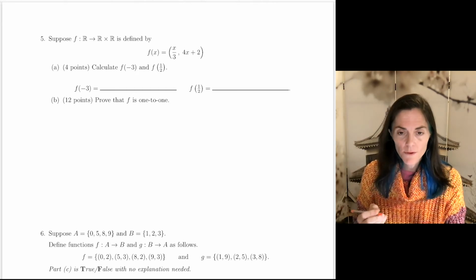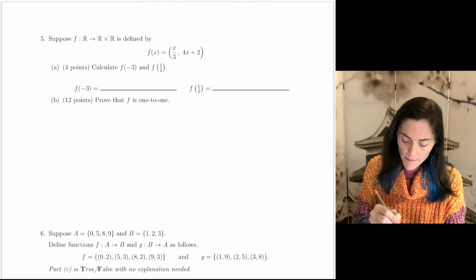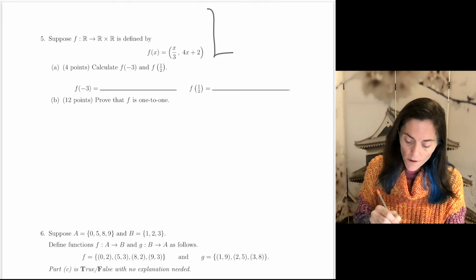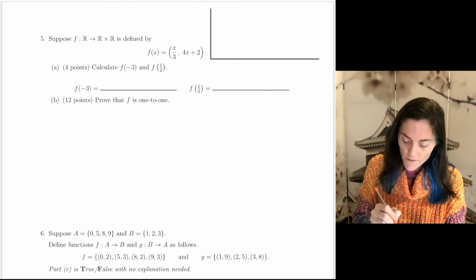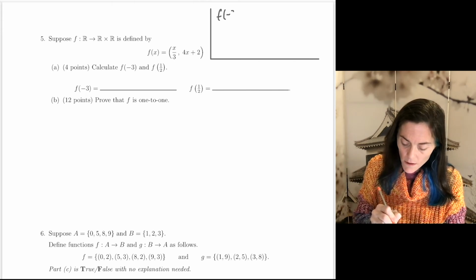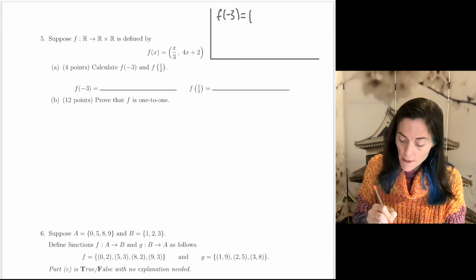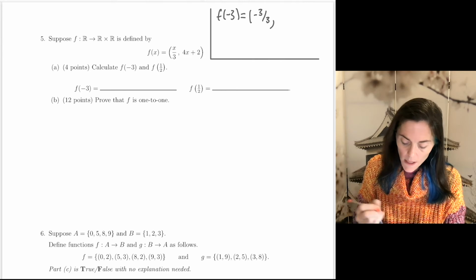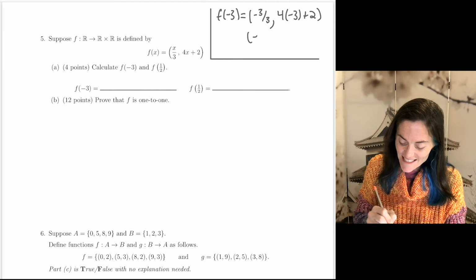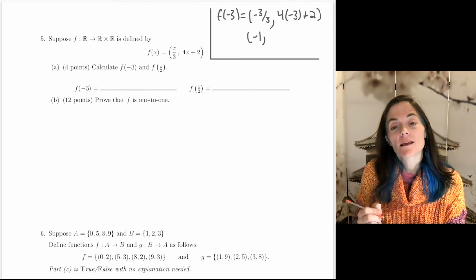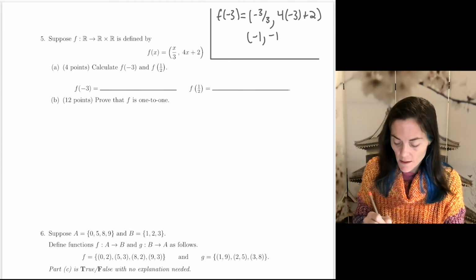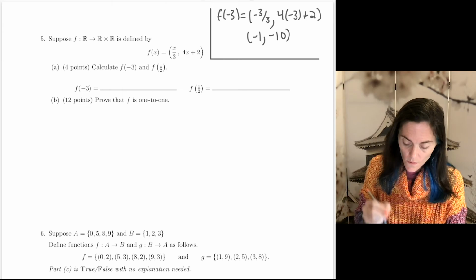F of -3, well, maybe I will do a little bit of side work over here. F of -3, this is -3 divided by 3, which is -1, and then 4 times -3 plus 2, which is -12 plus 2, -10. So we put that here, (-1, -10).